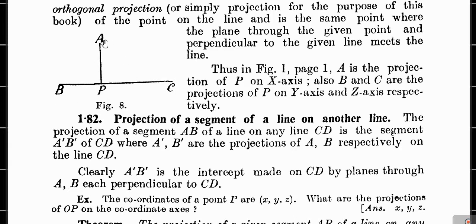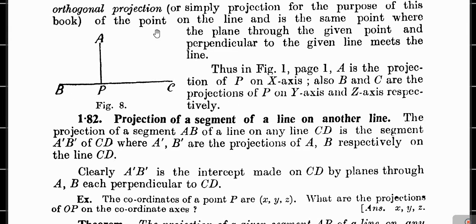Suppose that perpendicular is AP, and suppose P is the foot of the perpendicular drawn from the point A on the line BC. Then as per our definition, P is called the projection of point A on the line BC, and projection is also known as the orthogonal projection.